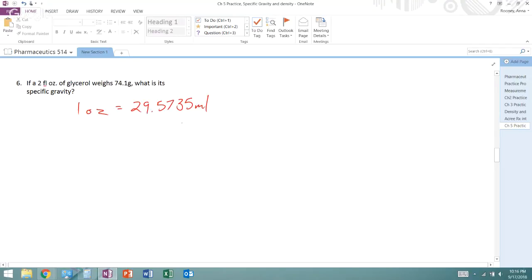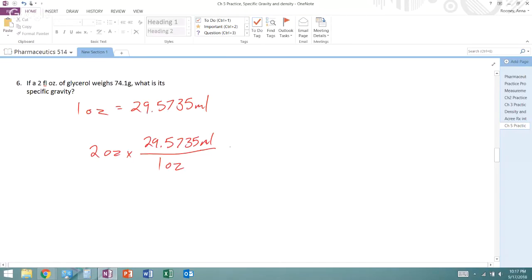Because we have 2 ounces, we have 2 ounces times 1 ounce per 29.5735 ml.